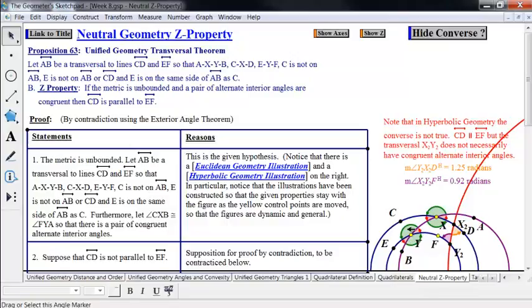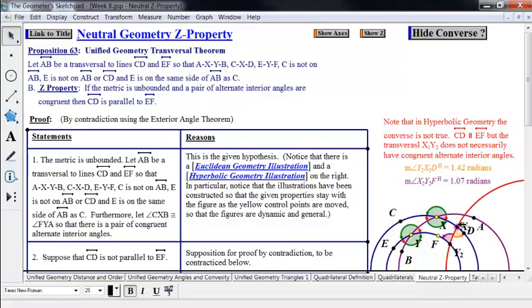Just by inspection here we can see that they don't cross each other very clearly, and then also of course we proved it because they were constructed in such a way that they had these alternate interior angles up here at x. Well, as it turns out, all the red ones here are congruent and all the green ones are congruent over here. So we do have this one transversal where the alternate interiors are congruent.